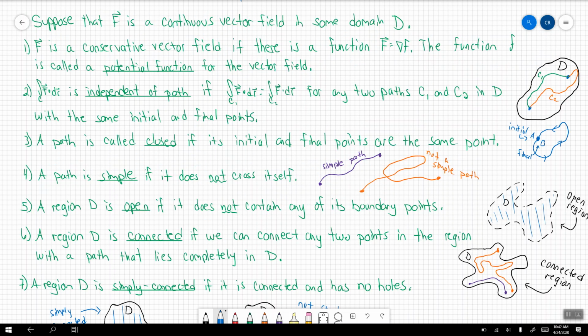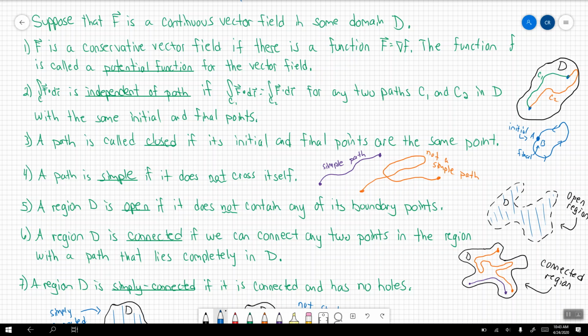All right, so here's the definitions that we're going to be working with. Now, at the very beginning, it says, suppose that F is a continuous vector field in some domain D. All right, so all of these domains that we're looking at here are going to be inside of some continuous vector field that we're going to be observing.